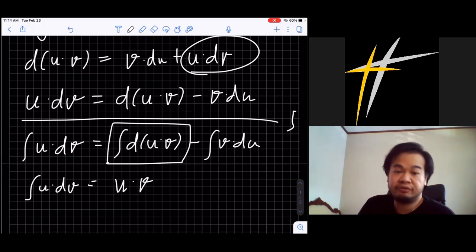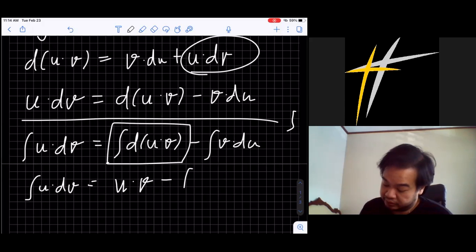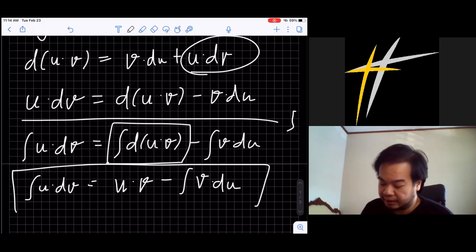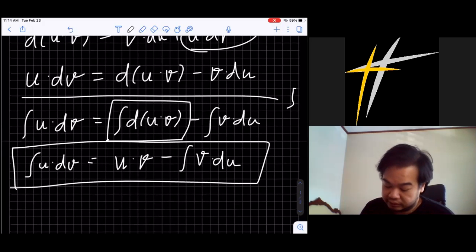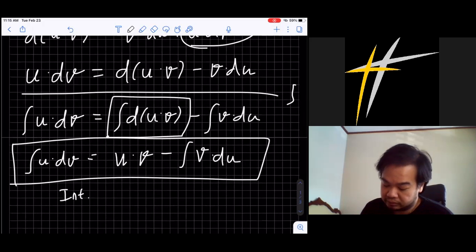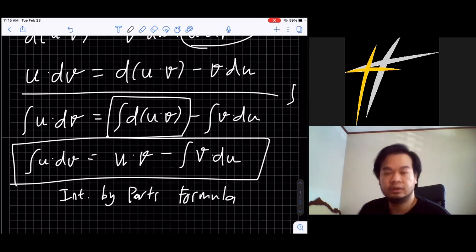So the integral of d of u times v is of course u times v, minus the integral of v du. So this is the formula. This is the integration by parts formula: the integral of u dv equals u times v minus the integral of v du.